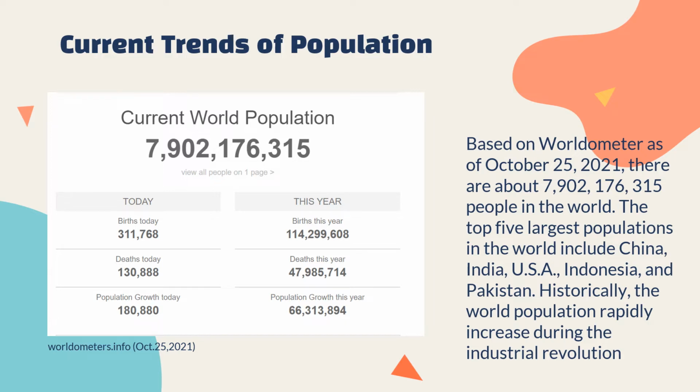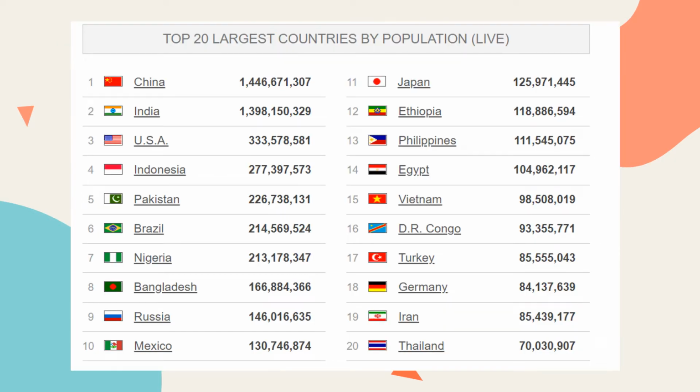Historically, the world population rapidly increased during the Industrial Revolution. We also have here data on births and deaths, population growth, and for this year's births, deaths, and population growth also. It is observed that there is a continuous increase in population, as you can see in this chart.